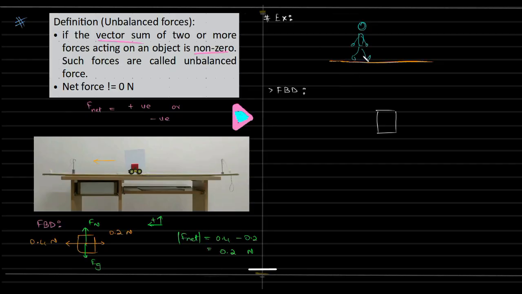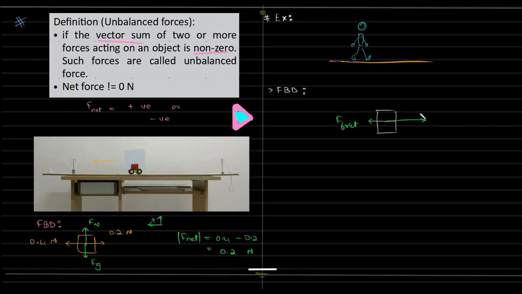Now, a person walking, a very simple scenario. What is the free body diagram of this? We have an object moving to the right, in this case a person. The forces have to be larger to the right, and stopping this is your frictional force.